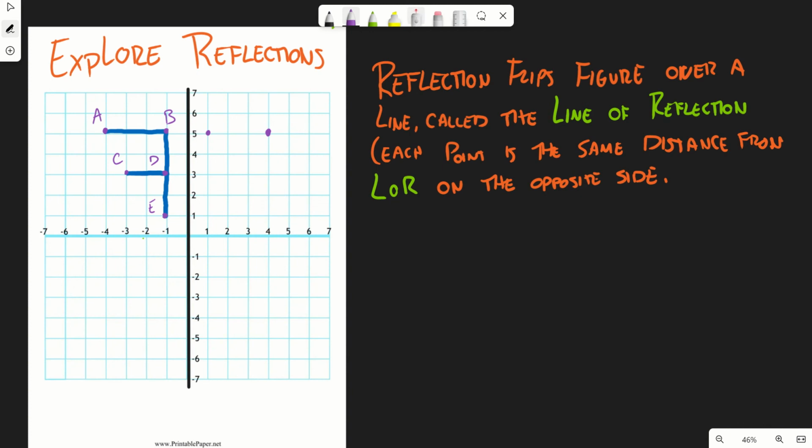With D, I'm 1 away, so let's go 1 away. E, I'm 1 away, so let's go 1 away. And C, I am 1, 2, 3 away, so let's go 1, 2, 3 away here.